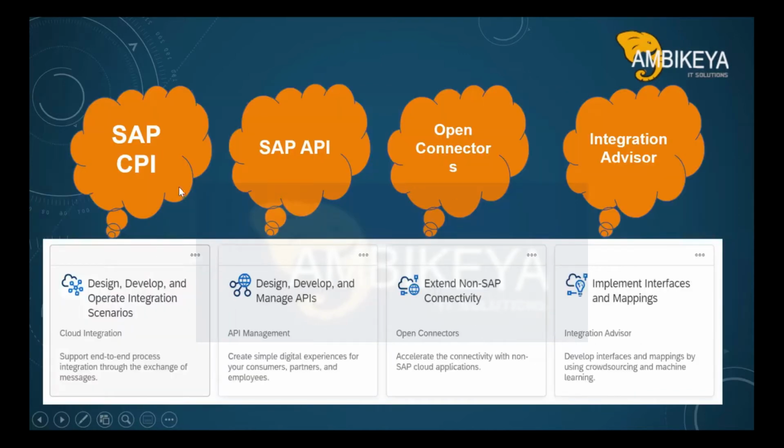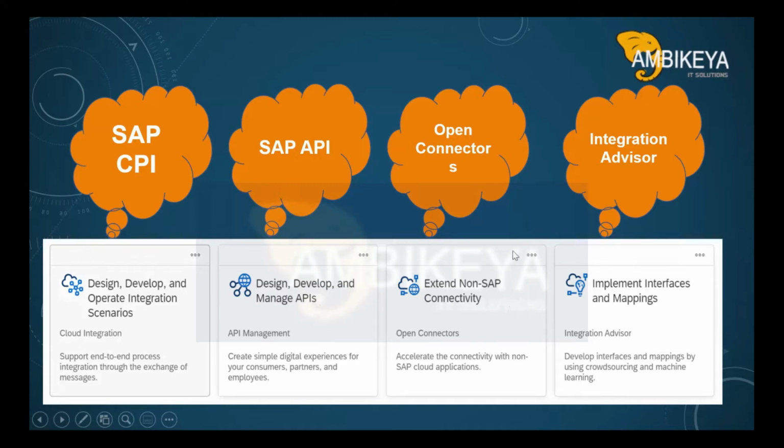Now, when you go inside this integration suite, you will see four options. First is design, develop and operate integration scenarios. This is nothing but your CPI or CI. SAP has changed the name from CPI to CI, that is, cloud integration. Next is design, develop and manage APIs, which is API management.